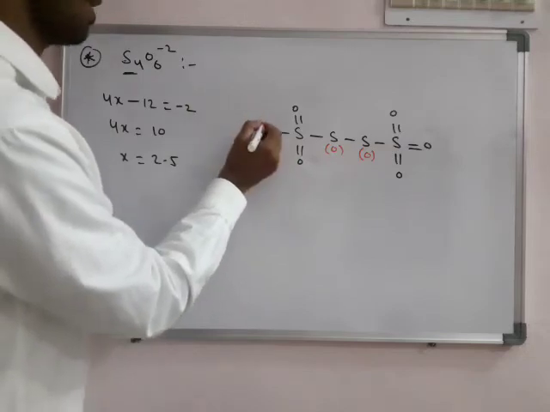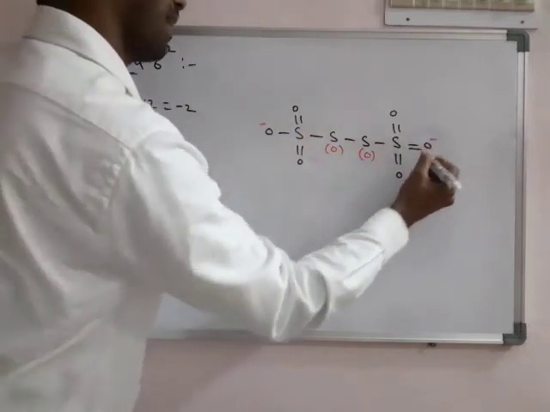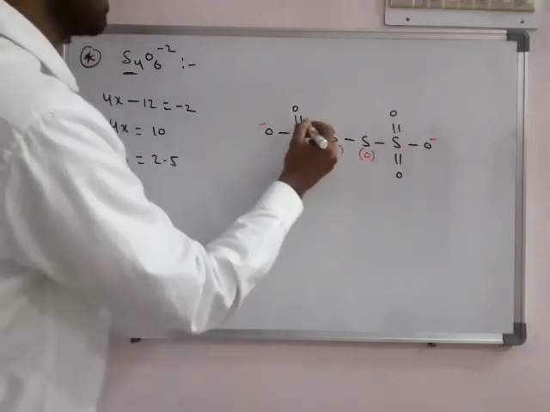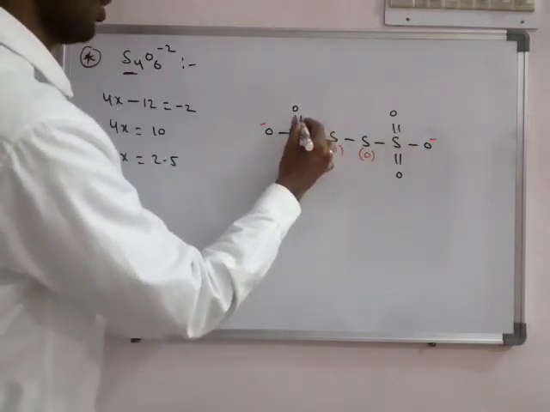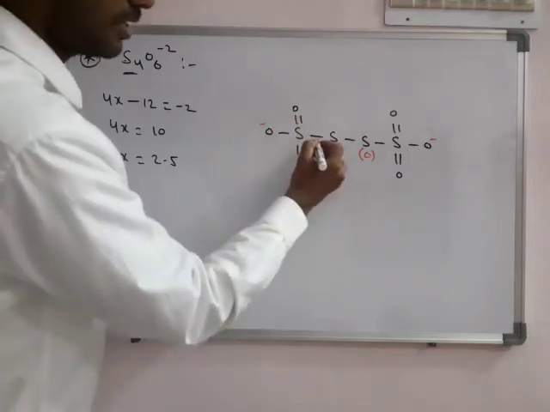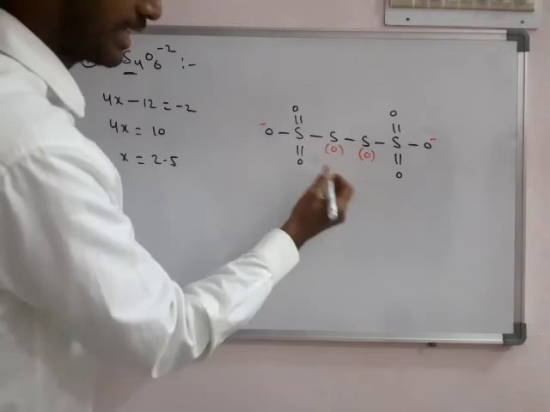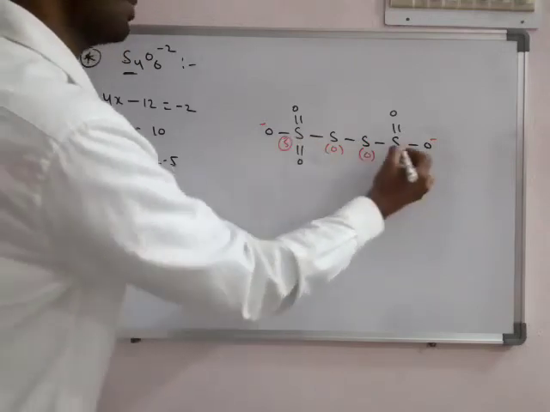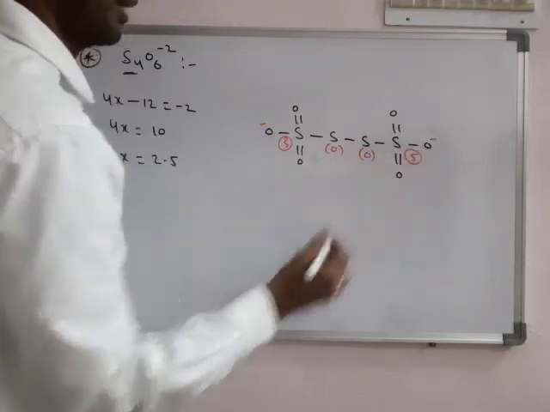O minus charge, this is also minus charge. So how many bonds does this sulfur have? 5 bonds, 1, 2, 3, 4, 5 bonds. Sulfur to sulfur linkage does not make any change, so this is plus 5. This was also plus 5.